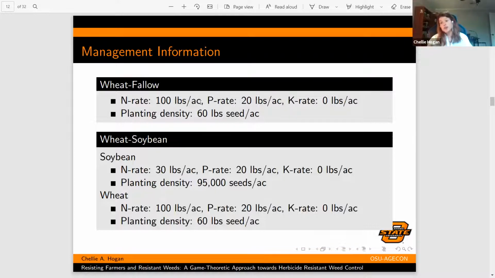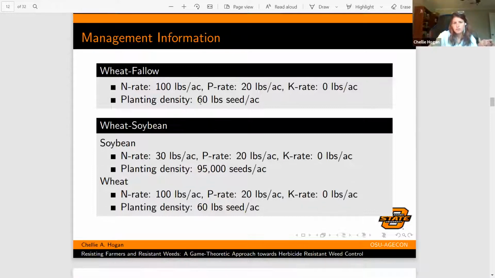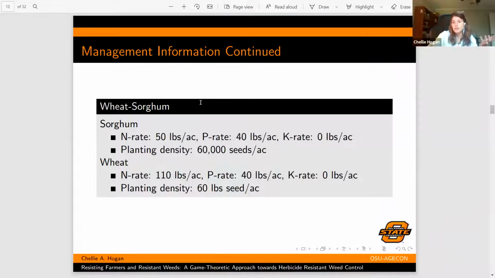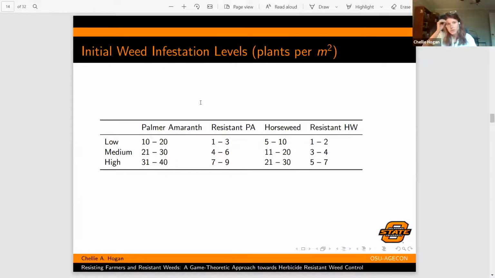And then you can look at your Almanac output and it tells you if there were any nitrogen stress days, any phosphorus stress days, anything like that. So you can kind of tailor a little bit to make sure that your fertilizers are being applied as they should be. And so this is for wheat fallow, wheat soybean, and wheat sorghum. That's pretty much it with management.